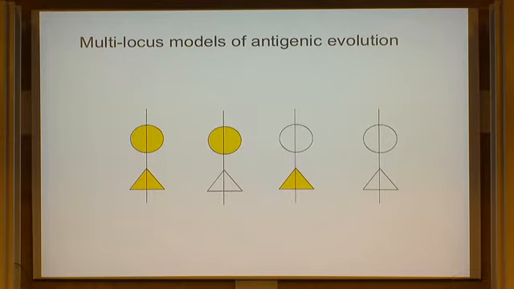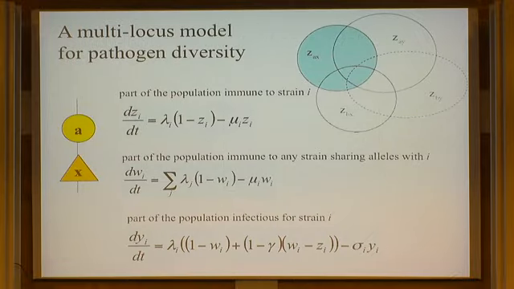And this, of course, is a cartoon of the very simplest multi-locus model we have, with two alleles at two loci. So what we did about 20 years ago was to develop a multi-locus model for pathogen diversity in which we characterized each possible strain by the epitopes or the alleles that it contained at different loci, and this is showing it for the simplest case, a two locus, two allele system.